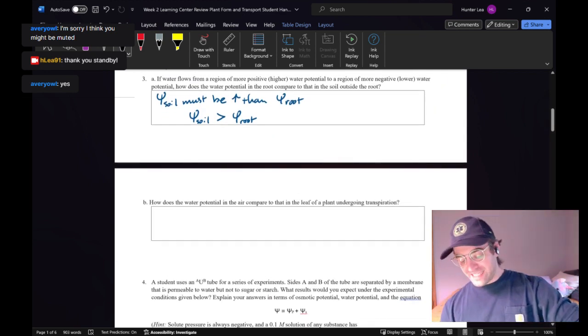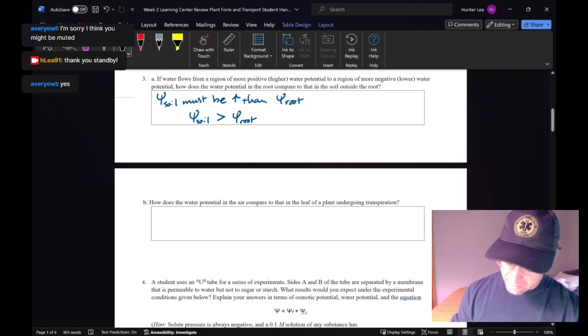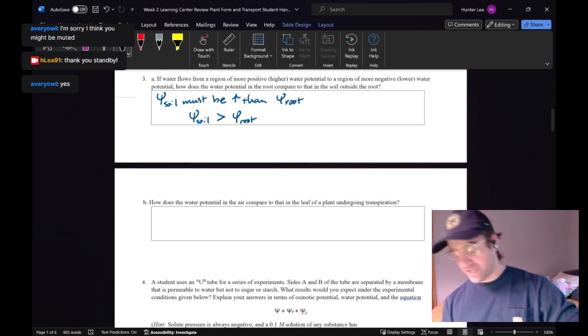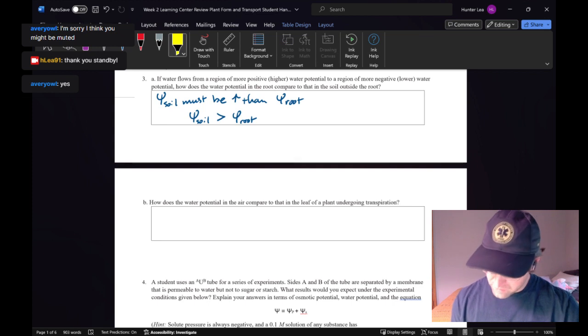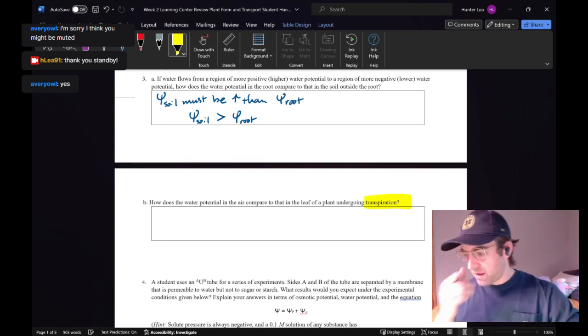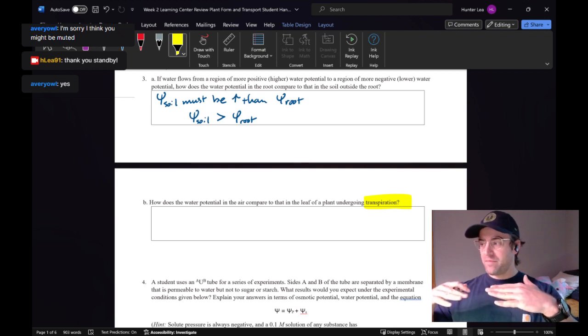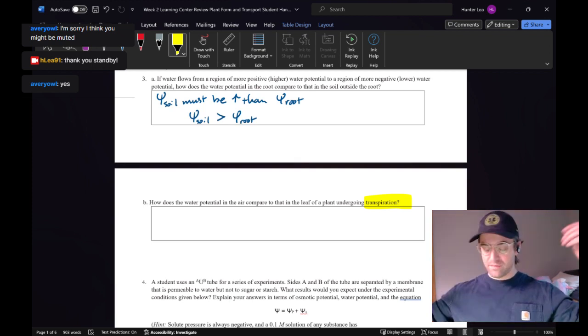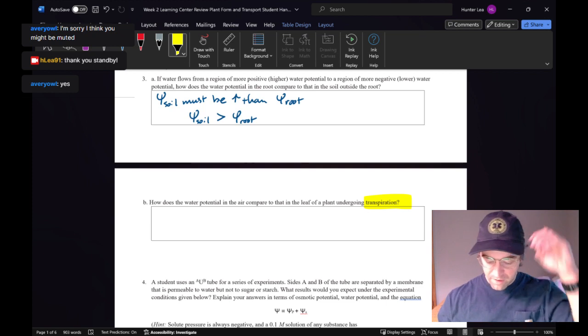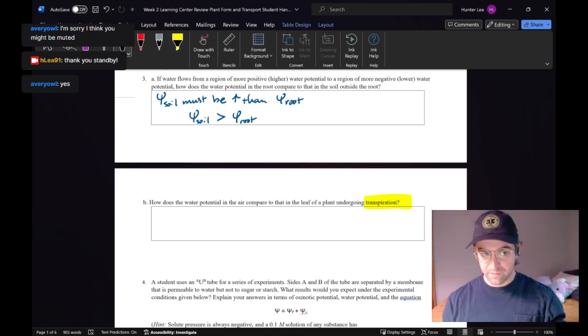Okay. How does the water potential in the air compare to that in the leaf of a plant undergoing transpiration? To answer this, you have to know what transpiration means. And transpiration is basically water moving from the leaf into the environment, into the air. So this is an evaporative process, I believe.